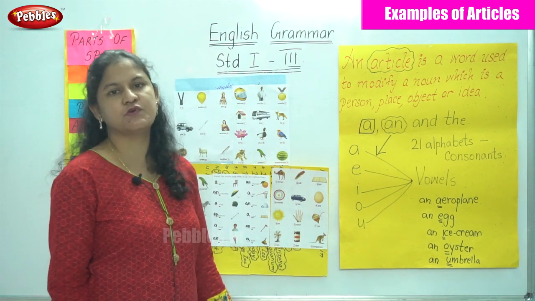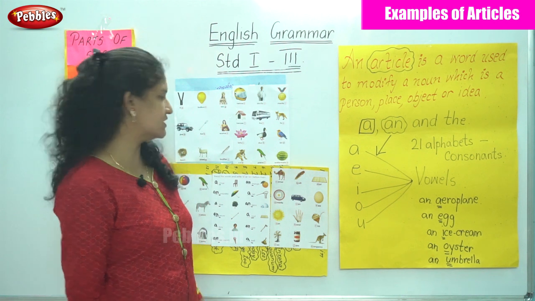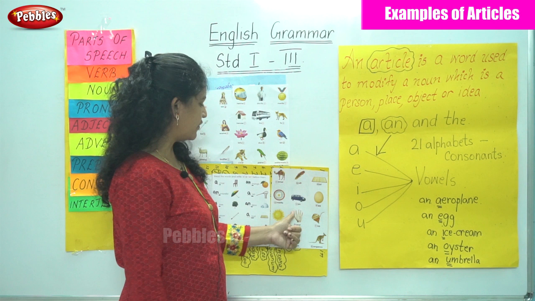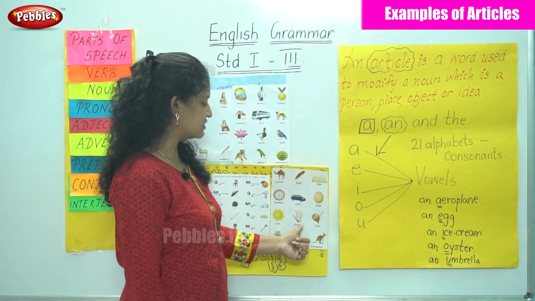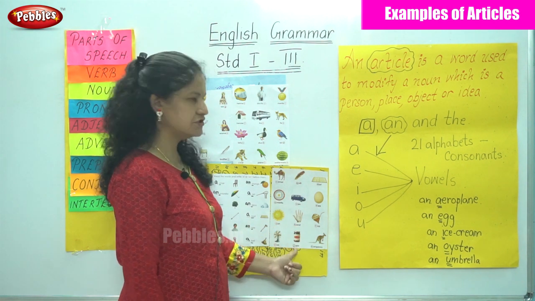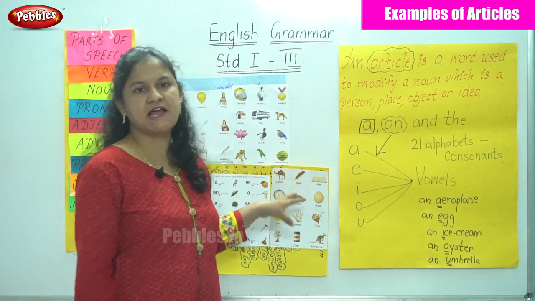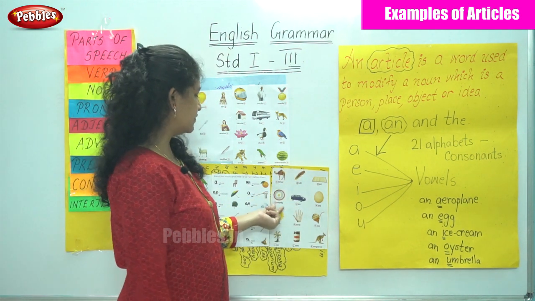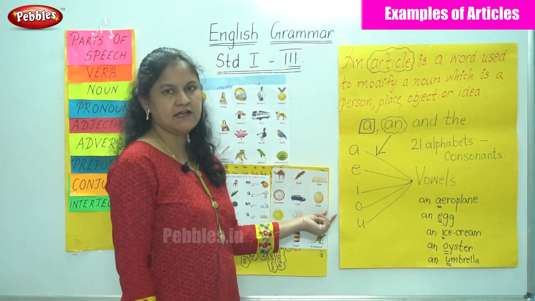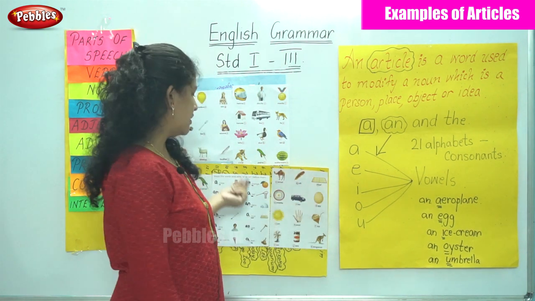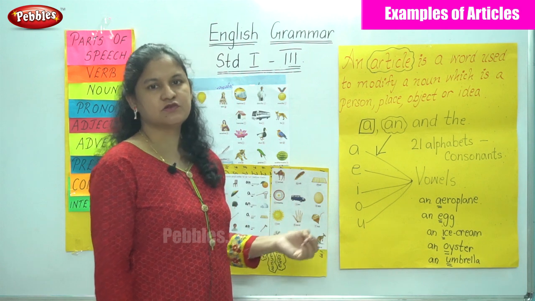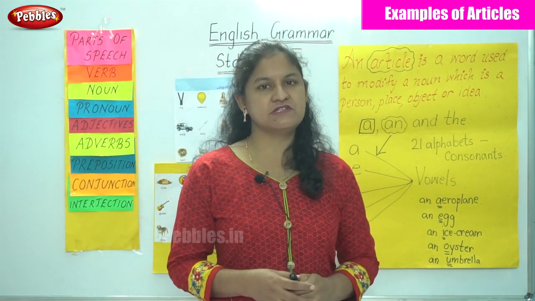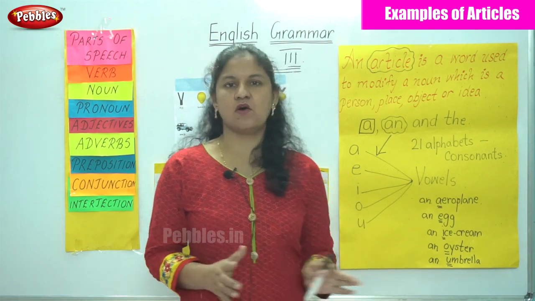All these words begin with the consonants C, Q, M, V, S, H, T, F, J, K. All these alphabets are known as consonants, and the words omelette and egg begin with the vowels O and E. So let us move on to one more exercise wherein we see when to use a or an.